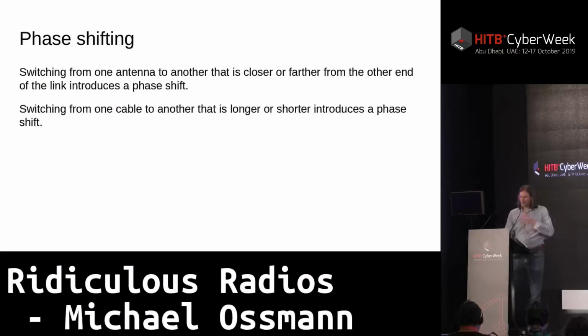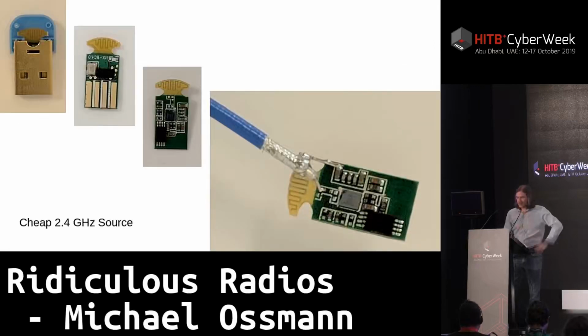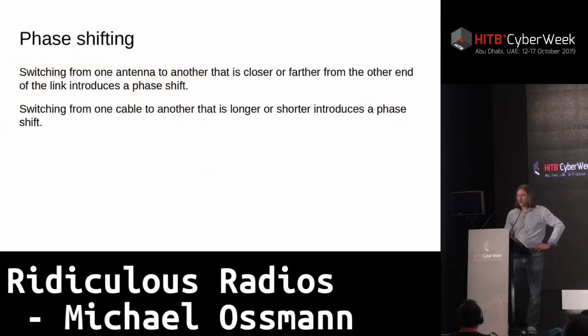Now, in this case, we wanted to produce a radio signal. Dominic was trying to produce a radio signal that would fool my direction finder. And the way he intended to do that was by introducing a phase shift.